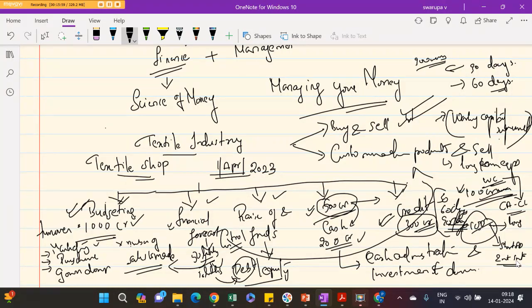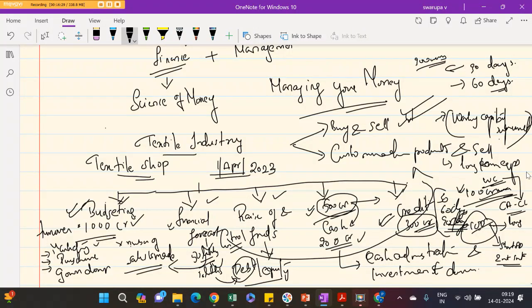I have to pay my wholesaler within 30 days 300 crores. But my customer is going to pay me that 300 crores only after 60 days. So I have to pay out of my pocket now, right? That will affect my working capital. I have only 100 crores as working capital that I have kept aside. From where will I pay him 300 crores? So that credit administration decision also we have to take before we give the credit.